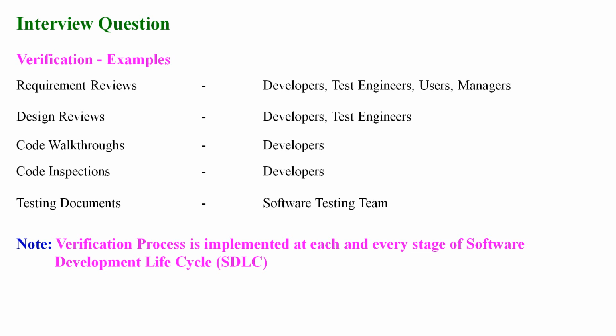Like this, there will be so many stages in the software development lifecycle. At each and every stage in the software development lifecycle, this verification process will be implemented. The verification process will be done, or the verification process is implemented at each and every stage in the software development lifecycle process. So what are the examples for the verification?